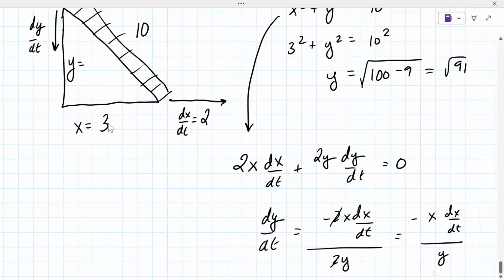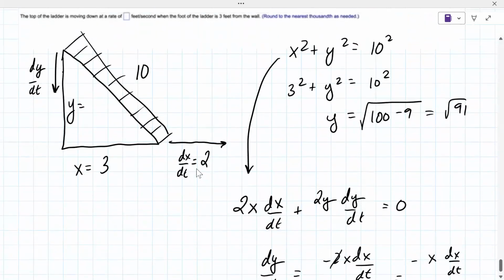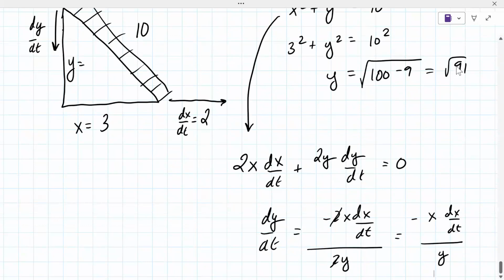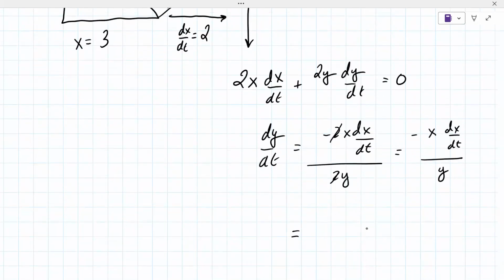Now x is 3, dx/dt is 2, and y is the square root of 91. That's why it says to round. It doesn't work out nicely. So minus 3 times 2 over the square root of 91. So it ends up being negative.